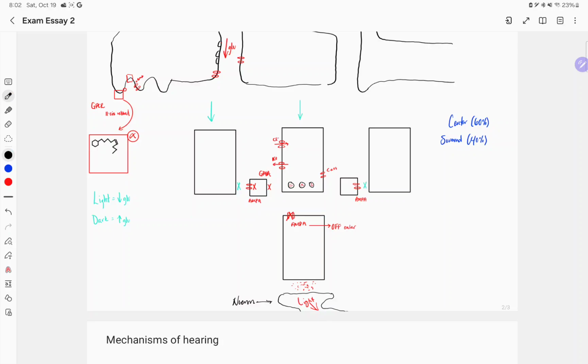If you have off center, that means when light's hitting here, the photoreceptor, ultimately you have less glutamate coming out from the bipolar, but light hitting the surround will ultimately end up with greater glutamate coming out of the bipolar cell.